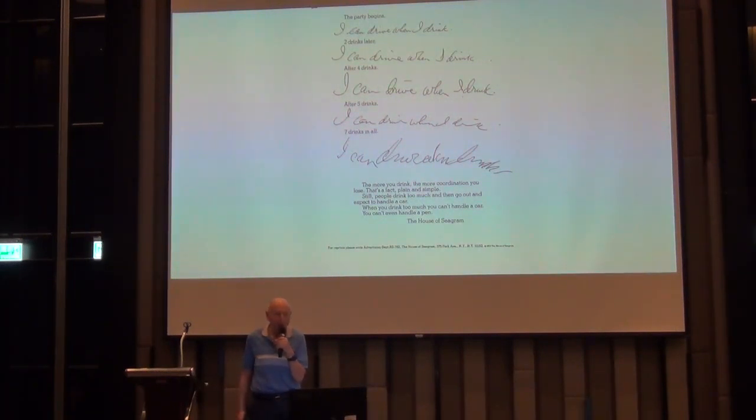So the moral of the story is, how come you can be charged, I don't know in Thailand, but you can be charged with drunk in charge of a car. You should also be charged drunk in charge of a pen in this case. And this shows you what alcohol does to your brain when it comes to writing. The writing distorts.